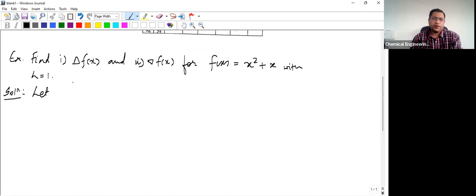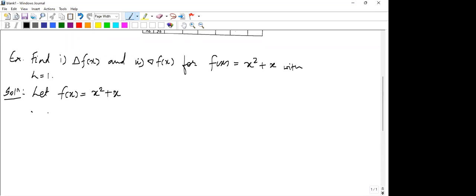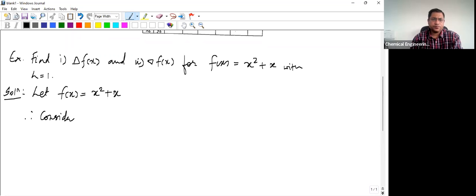So what we know, let f of x be equal to x square plus x. Hence, we consider delta f of x.